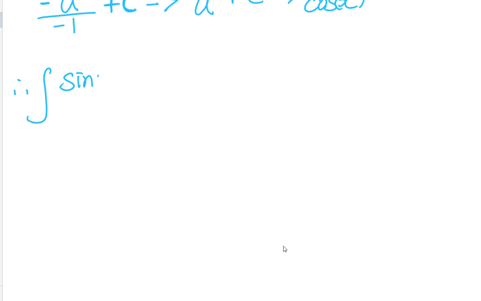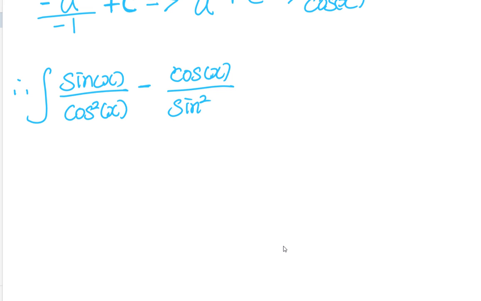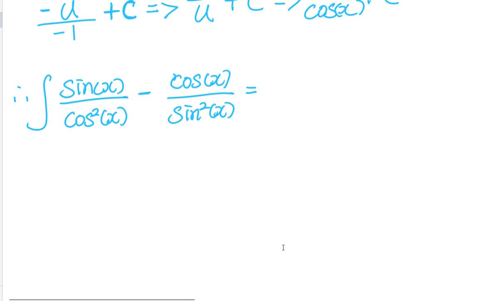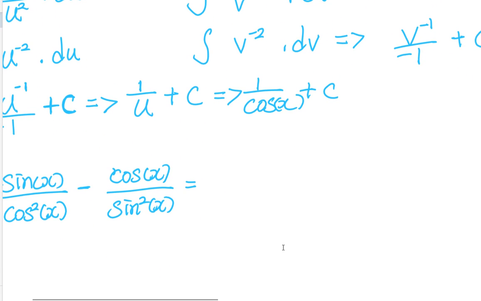All right, sine x all over cosine x minus cos x over sine squared x is equal to, we just write each part down: 1 over cos x minus 1 over sine x plus c.